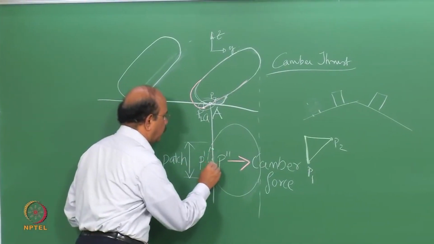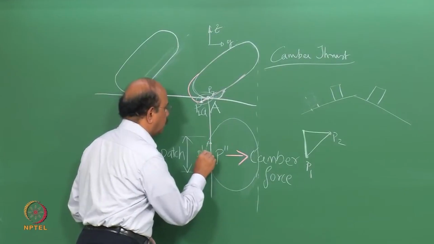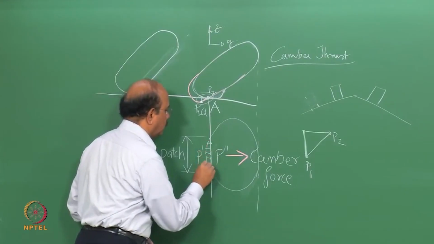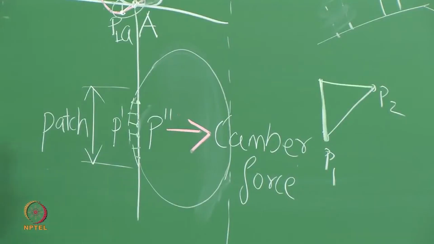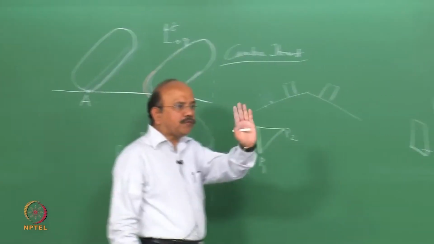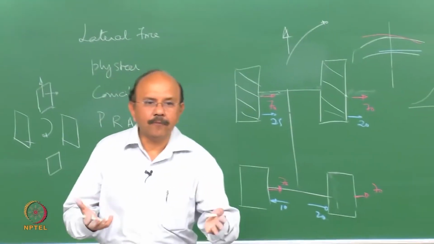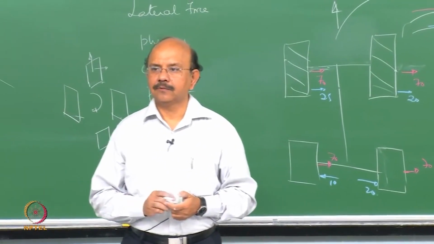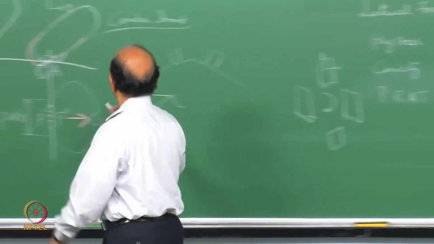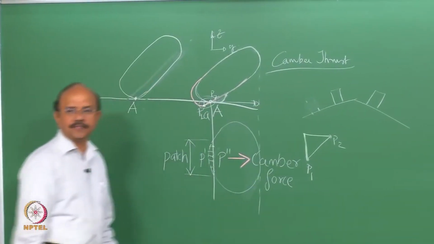So I'll get a number of points which are here, and these points now go to those places. Because of this pushing of these points, I develop a force. That force is the camber thrust, and it acts like this.